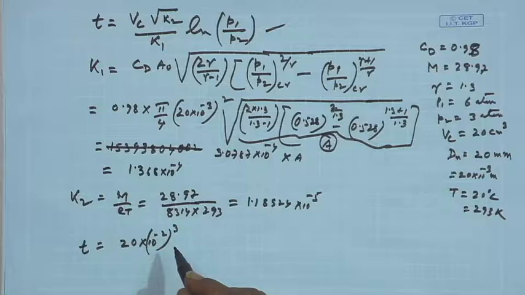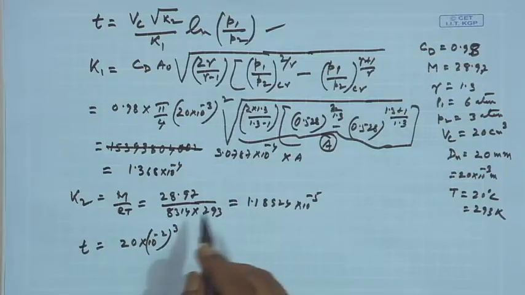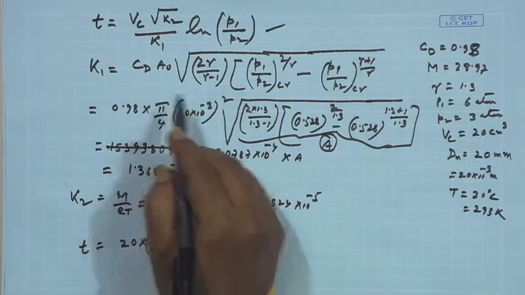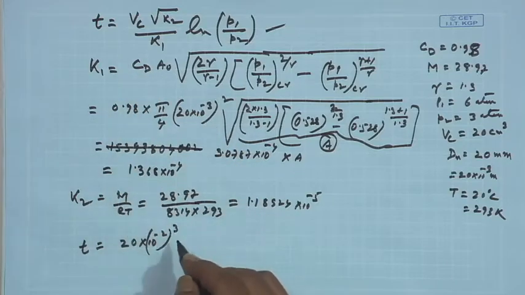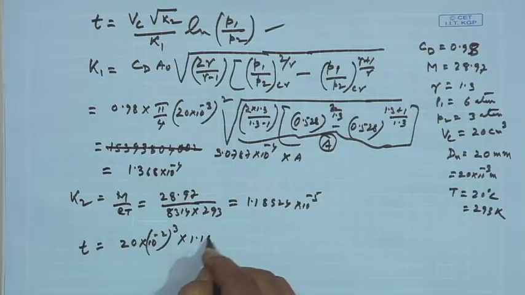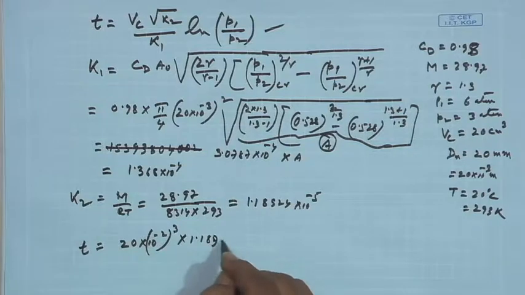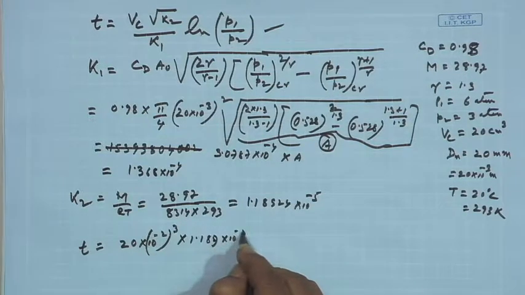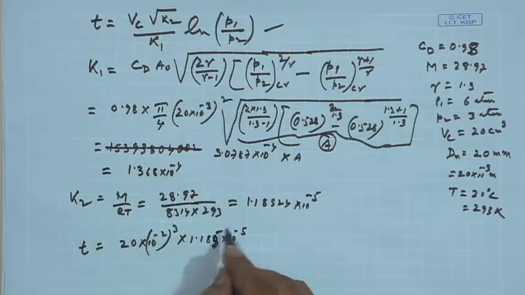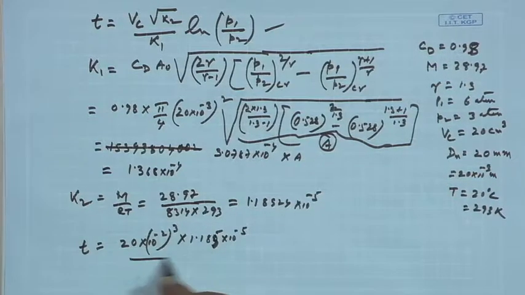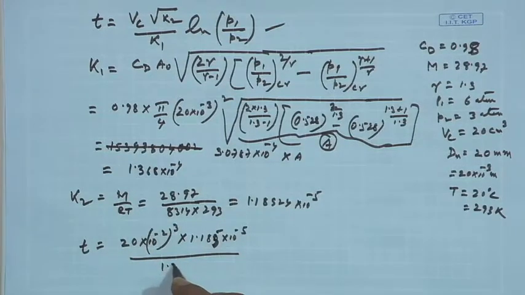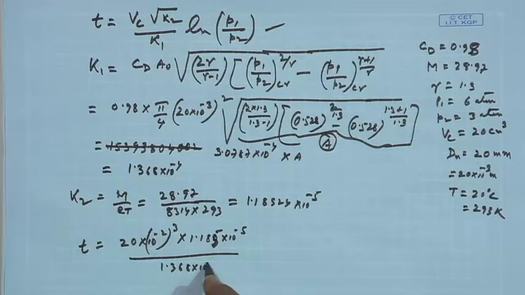And this is that T, okay, and K2 is 1.185, not 9, okay, 1.185 times 10 to the minus 5, and by Q1 we got 1.368 times 10 to the minus 4, right?